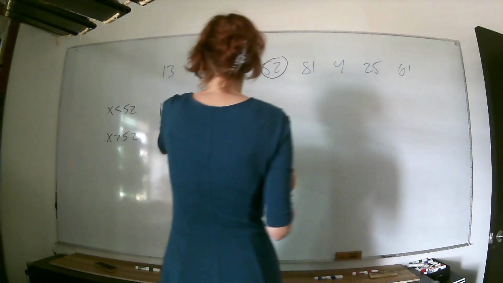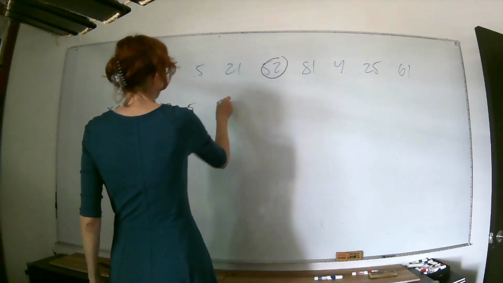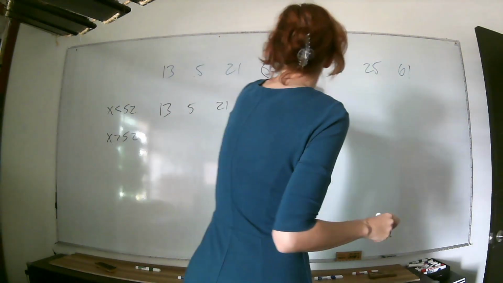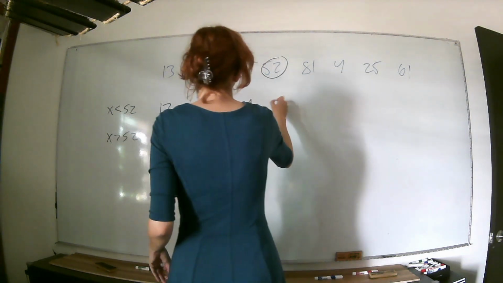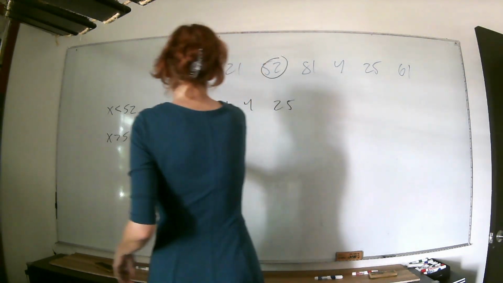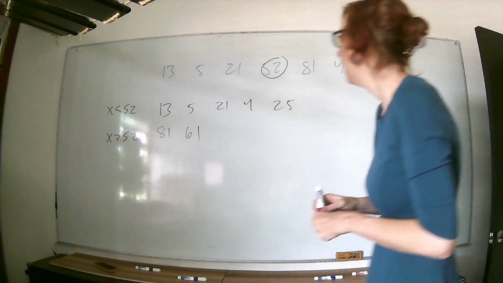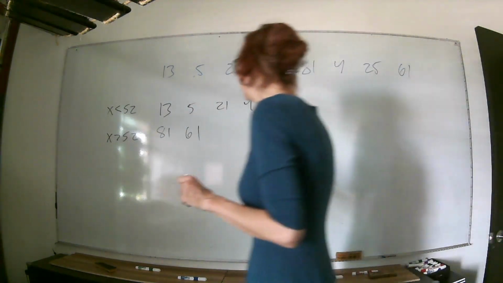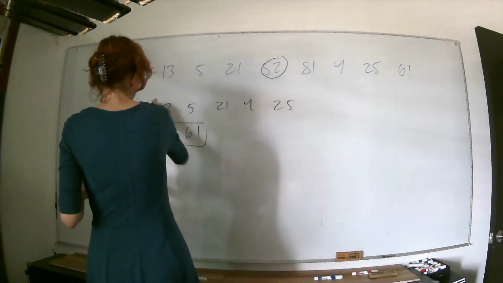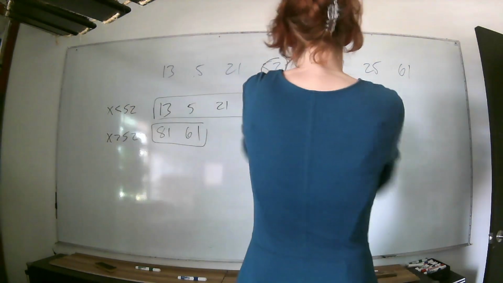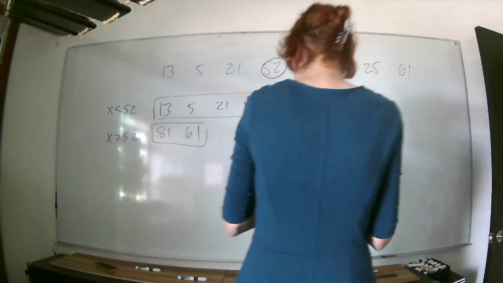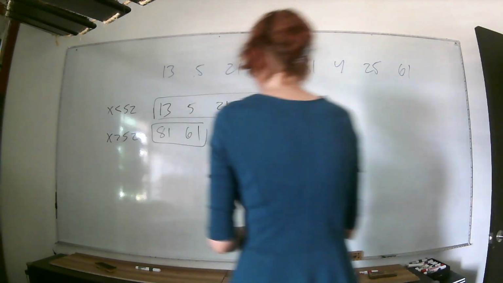So basically 13 goes here, 5 goes here, 21 goes here. 81 is going to go in the larger, 4 goes here, 25 goes here, and 61 goes here.